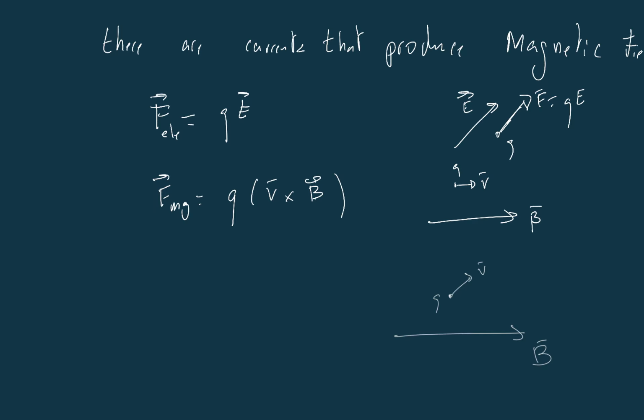The force will be V cross B. B is going in this direction, the magnetic field. The force V cross B goes to your eyes. So it's a force that generates acceleration going to your eyes. So the charge Q will be subject to acceleration in the direction going to your eyes.